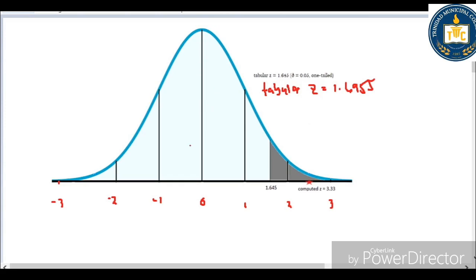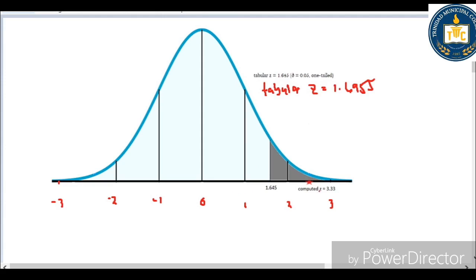So the center is the mean, and the standard deviation is 1. So every distance here from 0 is 1. So 1, 2, 3, and negative 1, negative 2, negative 3. Next, we need to draw the value of our tabular z, which is 1.6955.